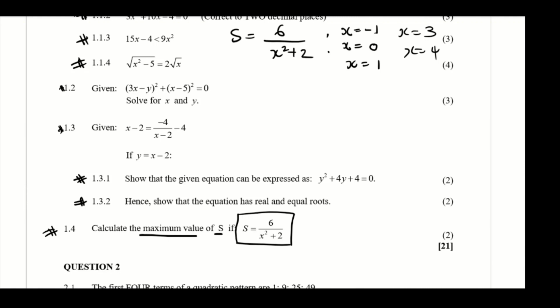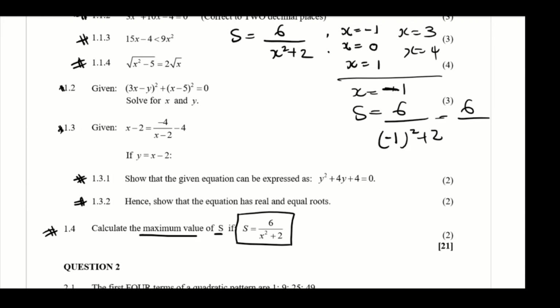So let's say, for example, I try x equals minus 1, right? So s would be equal to 6 over minus 1, sorry, squared plus 2. So minus 1 squared is going to be 1, plus 2, meaning it's going to be 6 over 3. So the denominator is 3 for x equals minus 1.